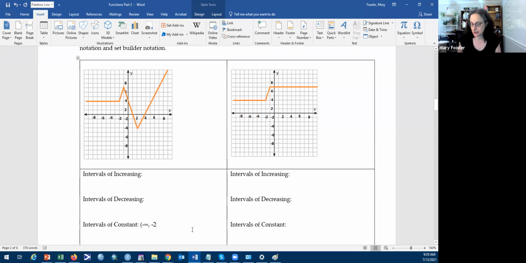I'm going to include the -2 because at -2, it looks like the value the function has taken on is still this 4. It's constant up to that point. Okay, intervals of increasing. So we increase from -2 to -1.